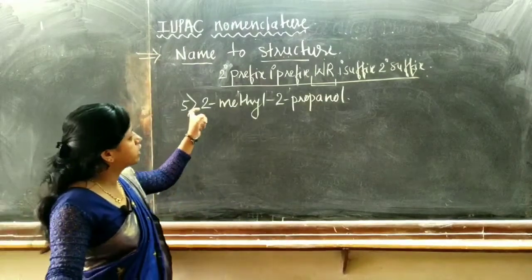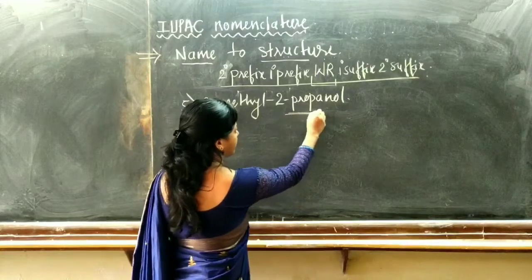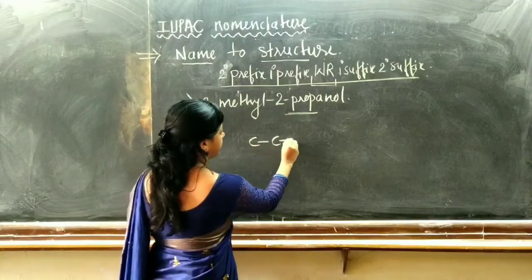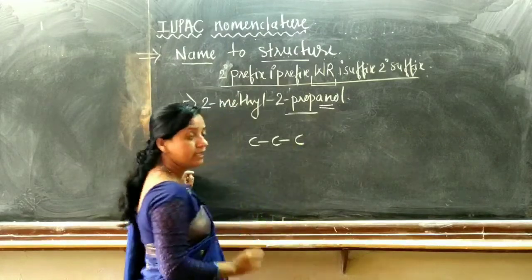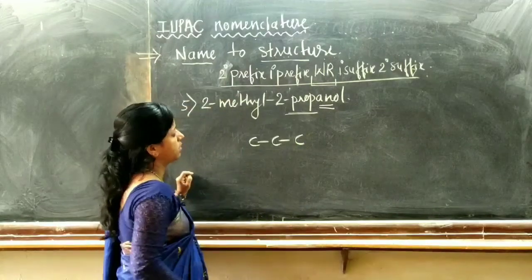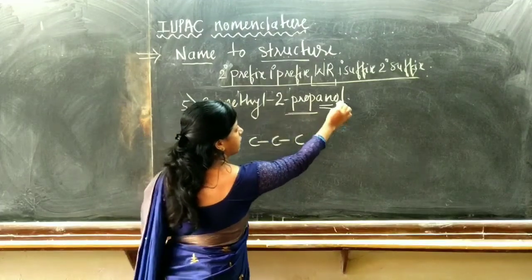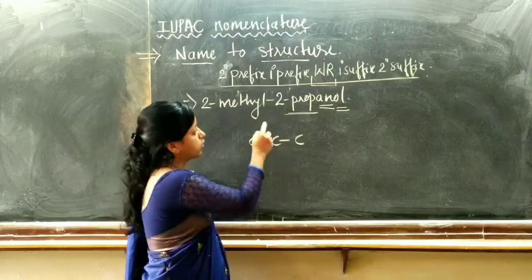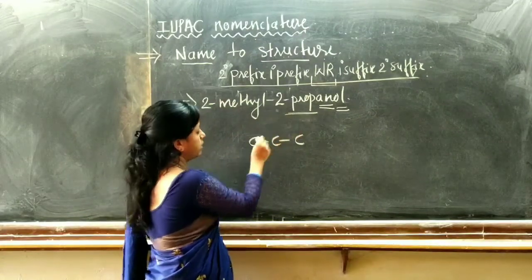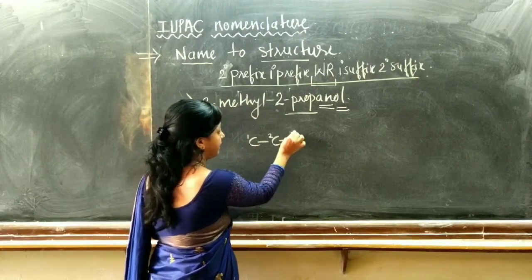So fifth example is 2-methyl-2-propanol. The root word is prop, so we have to write 3 carbons. AN is a primary suffix, so single bonded, and this 2 position is for the secondary suffix. The secondary suffix is OL, so this 2 position is for OL. I will write the numbering 1, 2 and 3.